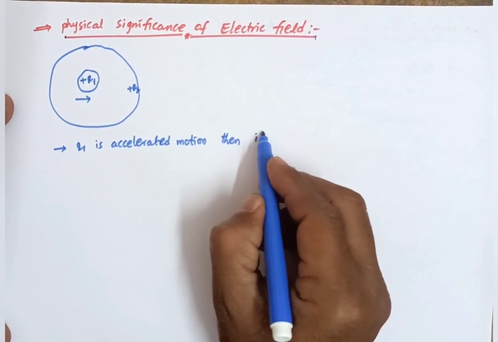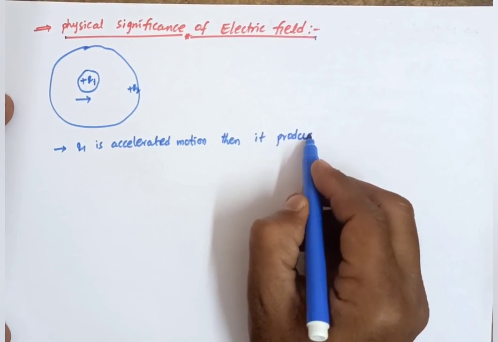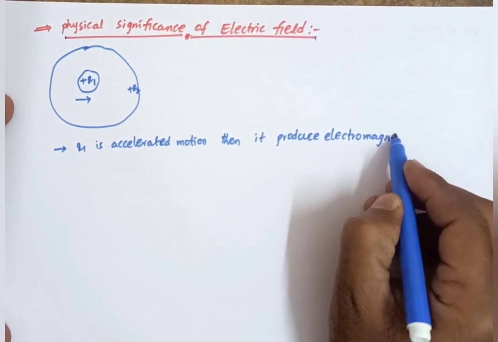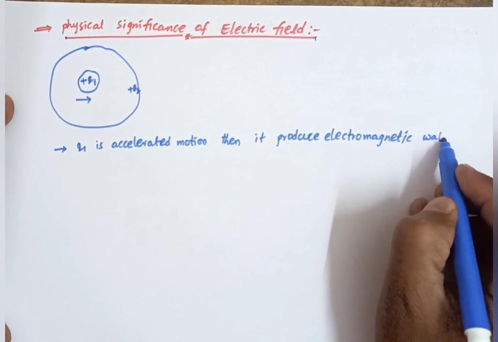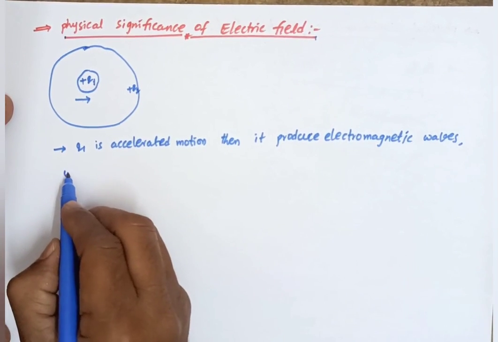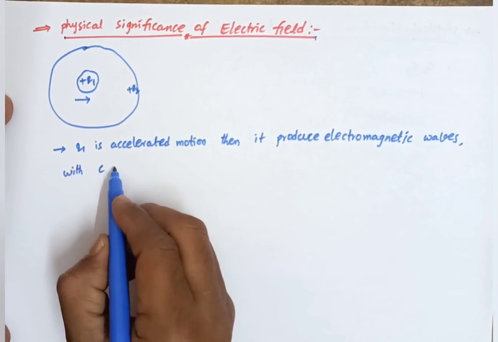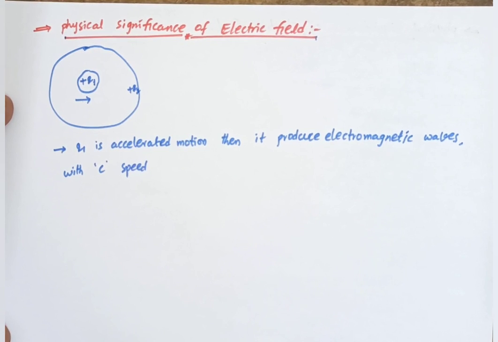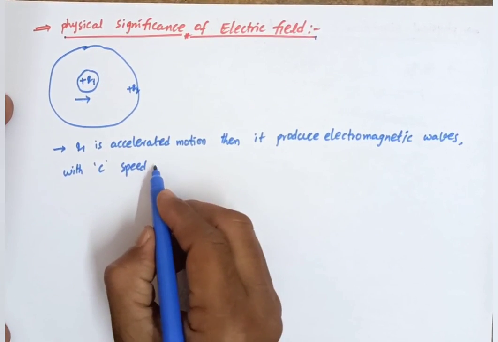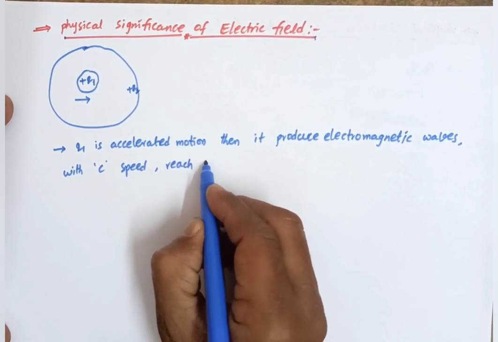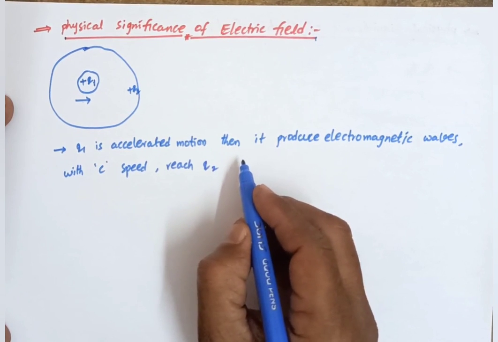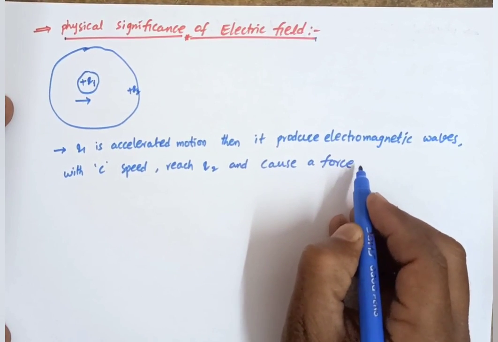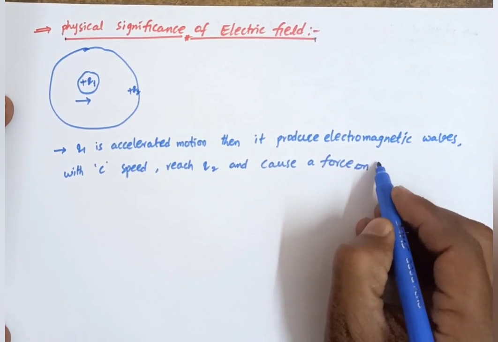Then it produces electromagnetic waves with speed c, and they reach Q2 and cause a force on Q2.